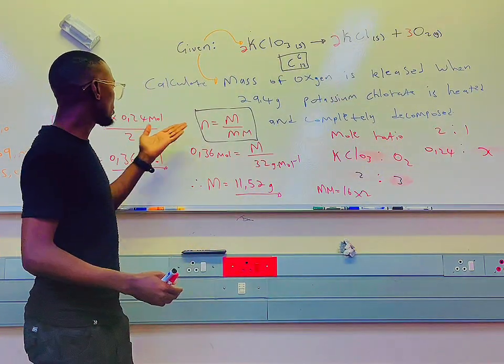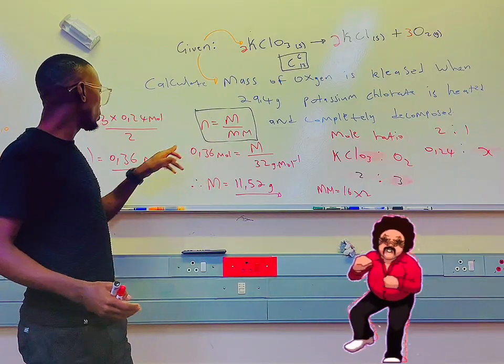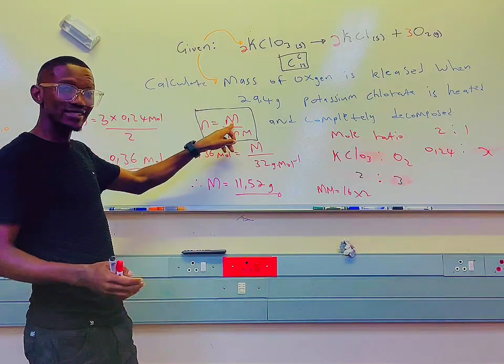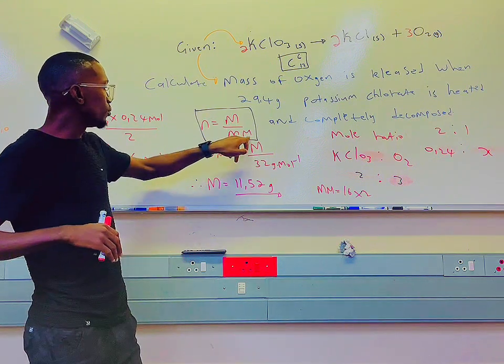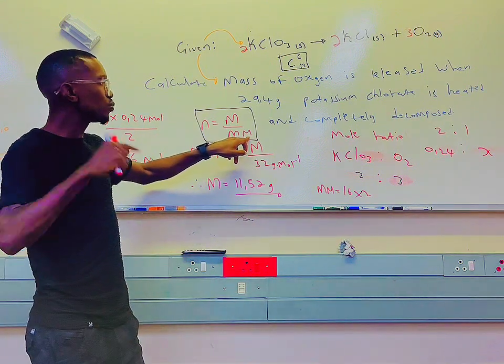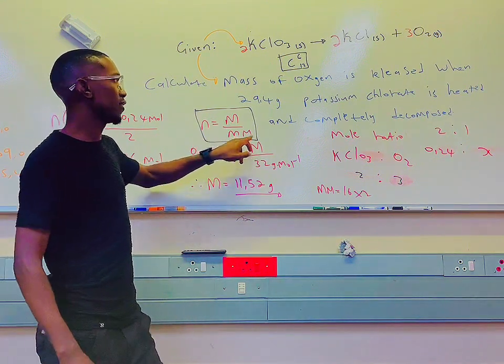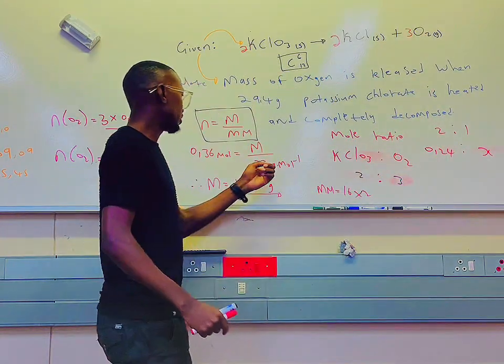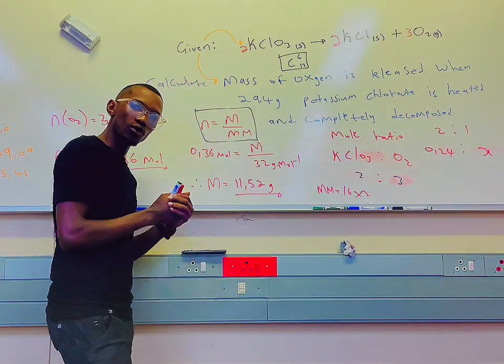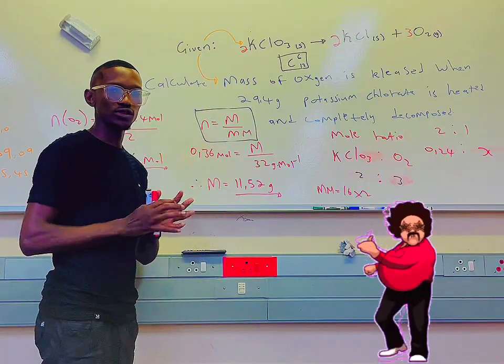How must I get the mass? Here's my formula. Where I see n, I put the number of moles. Where I see m, I just put m because I don't know it. Then for the molar mass, let's put the molar mass of oxygen. Since there are 2, say 16 times 2, which is basically 32. Then you do your own calculations there, and this is going to be your final answer.